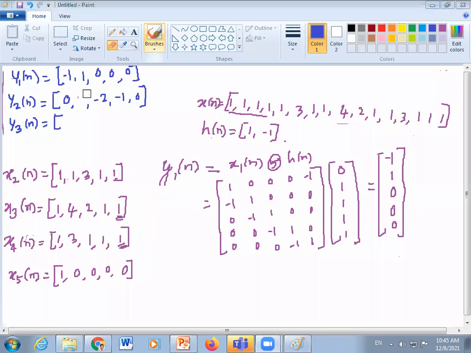The second one is 0 0, 2 0 plus 2, minus 2 0. This is correct now. What about the third one? This is plus 2 minus 2 0. This is correct. What about the third one?